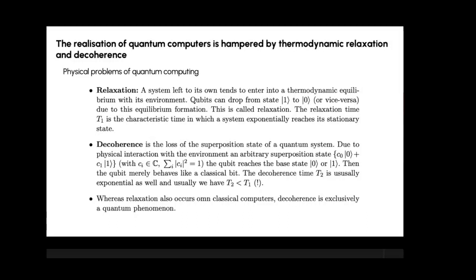Relaxation means that a system left to its own devices tends to enter into a thermodynamic equilibrium with its environment. Like if I lay down in the snow after the sauna, at first it feels good, but very soon my body will be as cold as the snow, and then I will be dead. This is thermodynamic equilibrium. On the other hand, if I go into the desert with 40 degrees in the shade, my body will remain at 37 degrees.